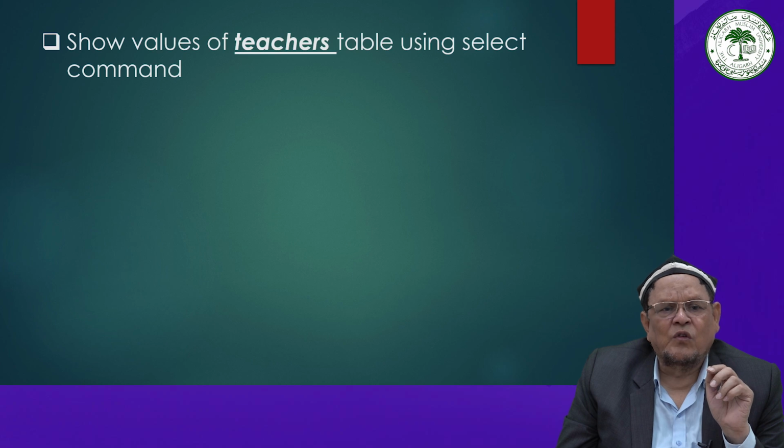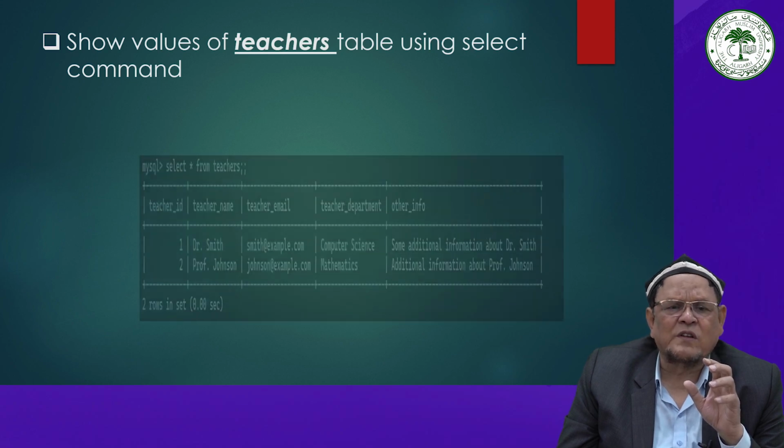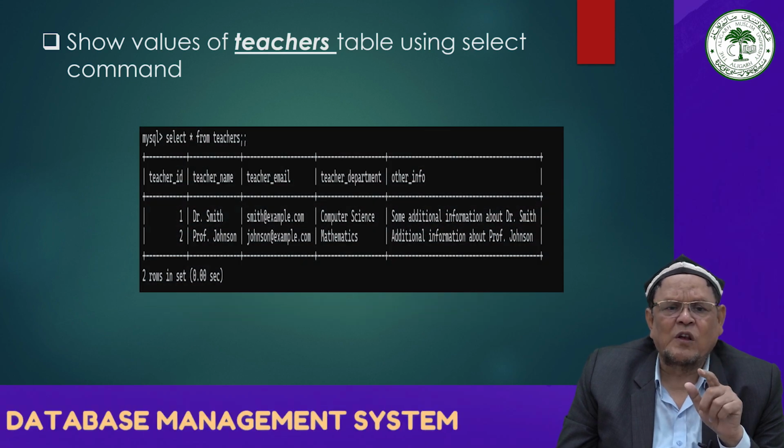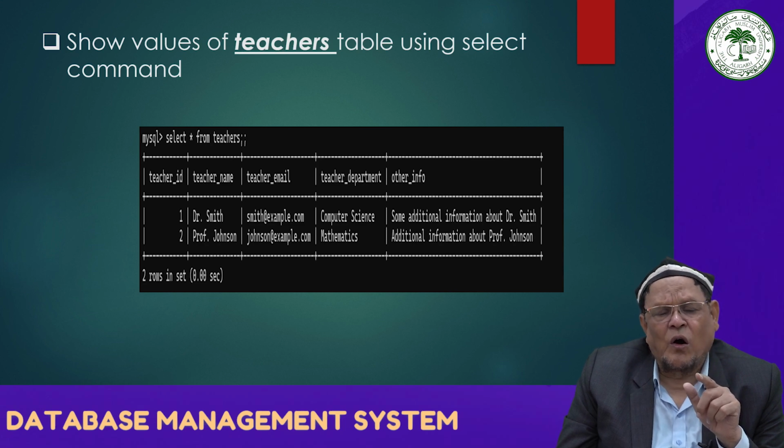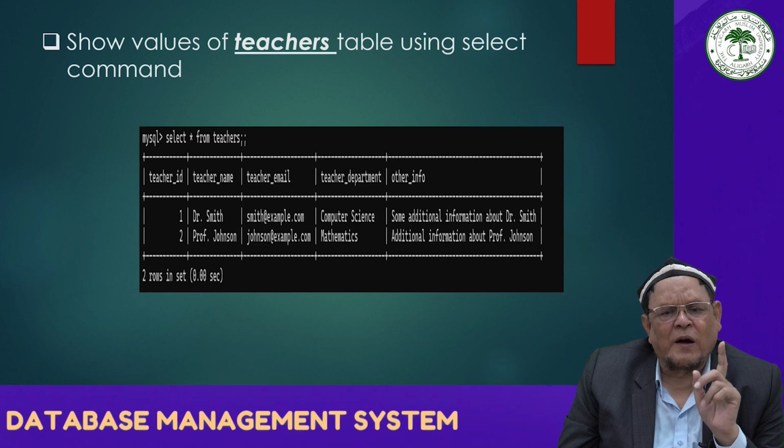Then you want to see the values of teachers by using the select command. In MySQL you have to write select star, because here you want to see all attributes. If you want only teacher's name and department, you have to write select teacher's name, comma, department.